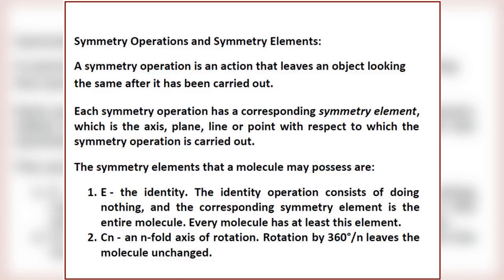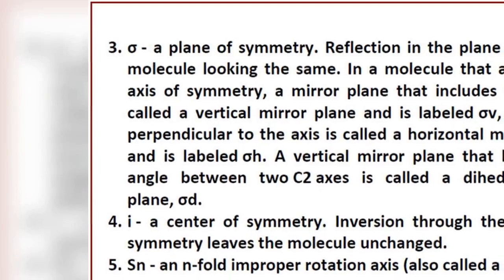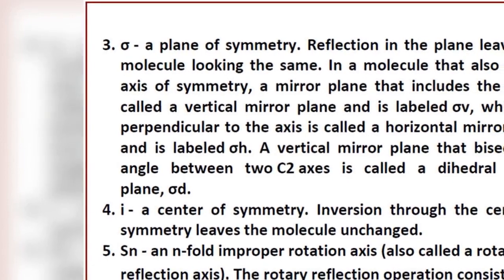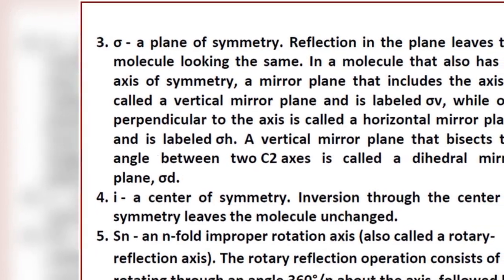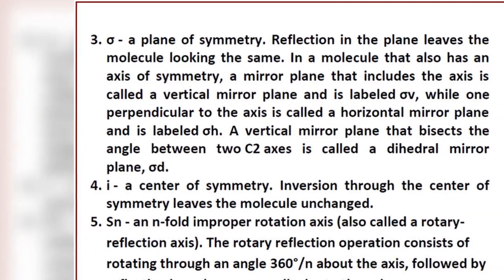E is the identity operation, meaning doing nothing. Cn is the n-fold axis of rotation, that is, rotation by 360 degrees divided by n leaves the molecule unchanged. A plane of symmetry, sigma: reflection in the plane leaves the molecule looking the same.